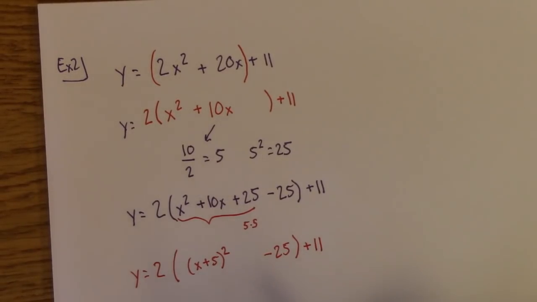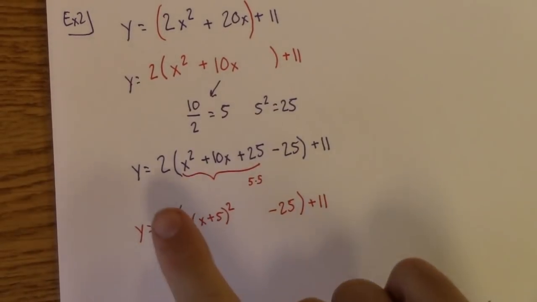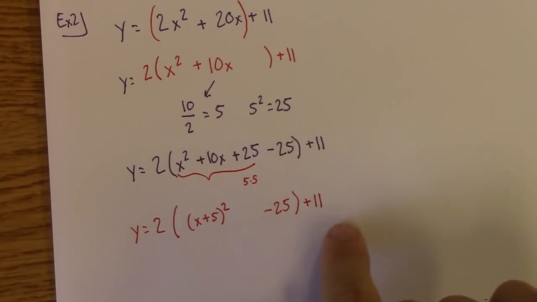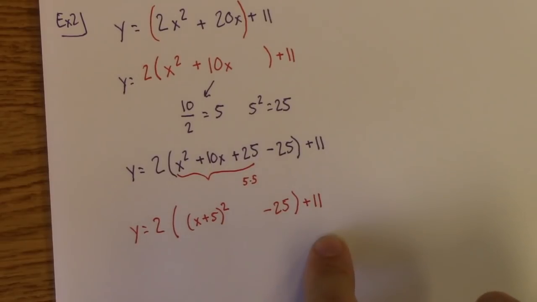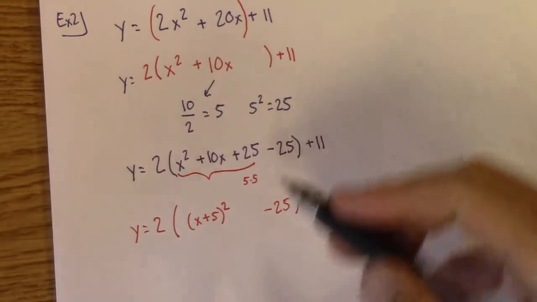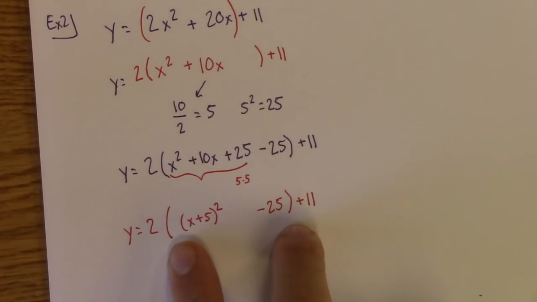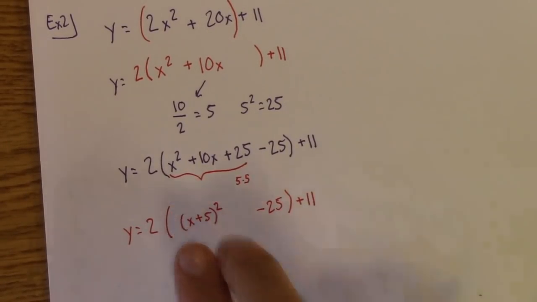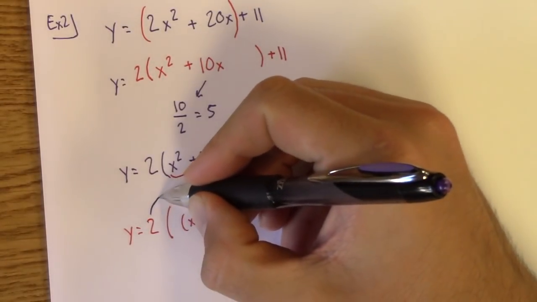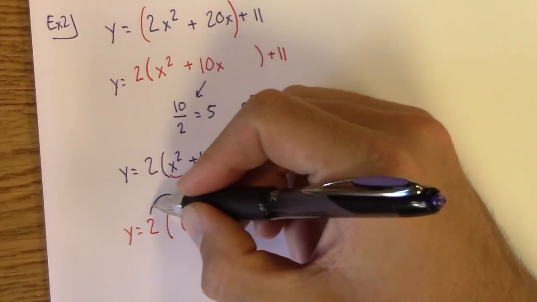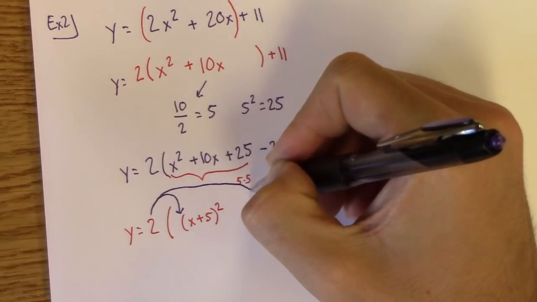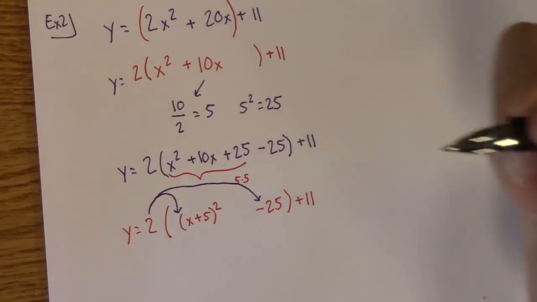Here's the part where it gets a little tricky. This 2 in front, in order to clean this up so that it looks like vertex form, we're going to do the following. See how I have two sets of parentheses? I have the big pair on the outside and this little pair around my square. Well, this 2 needs to distribute to each part in my parentheses.